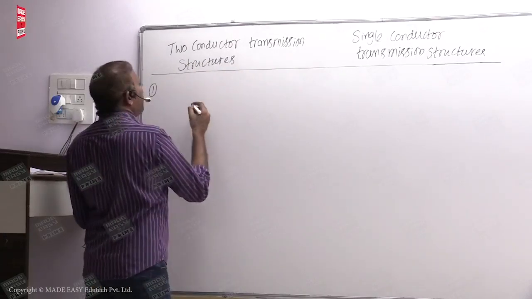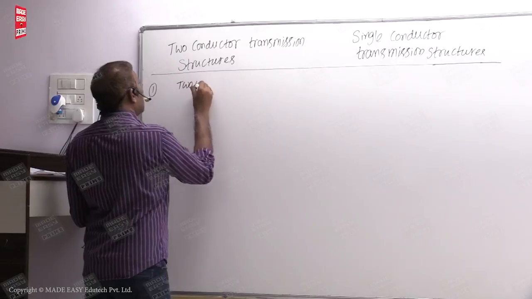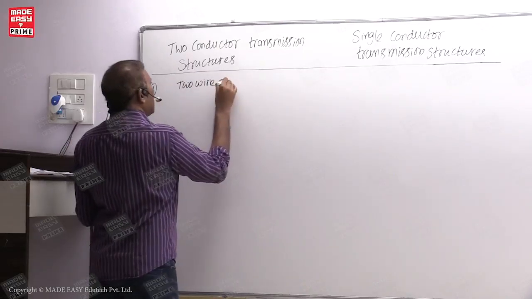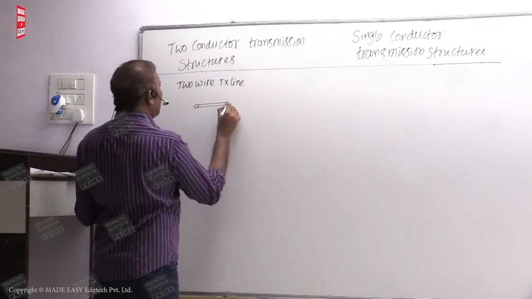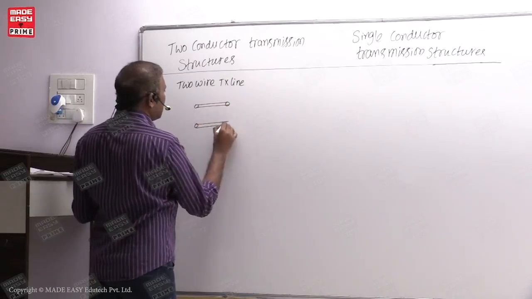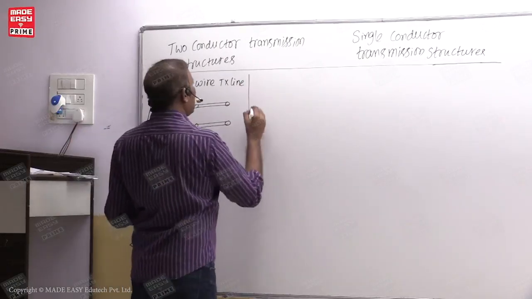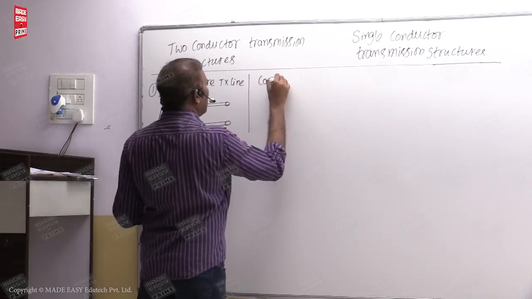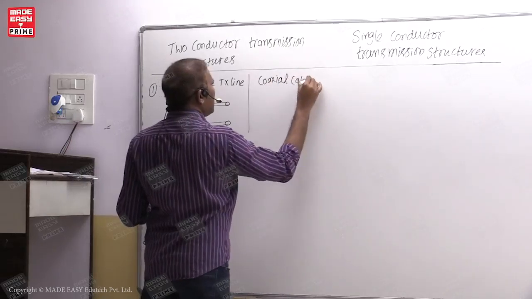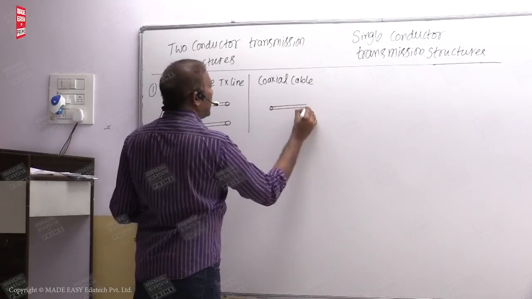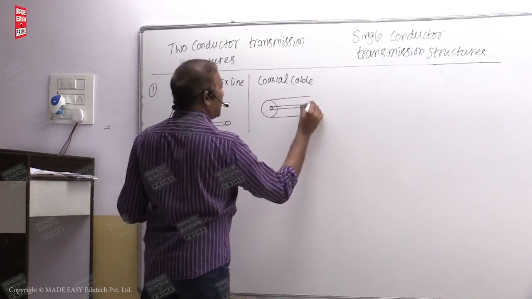First point, like a two-wire transmission line is one example having two conductors, and coaxial cable is also an example. The center conductor is here and this is the outer conductor.